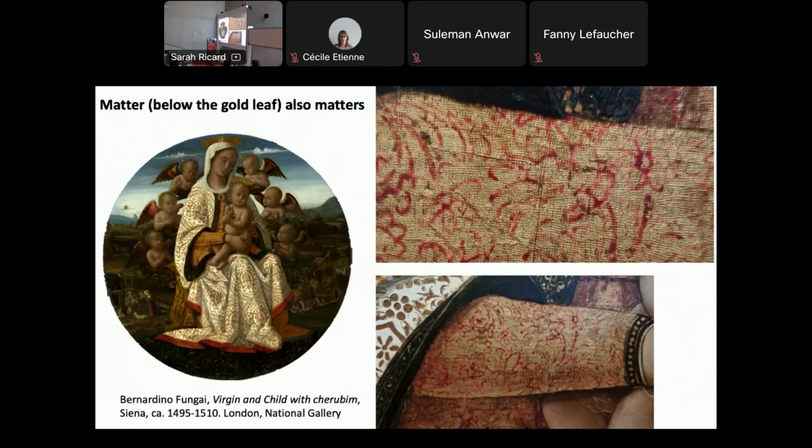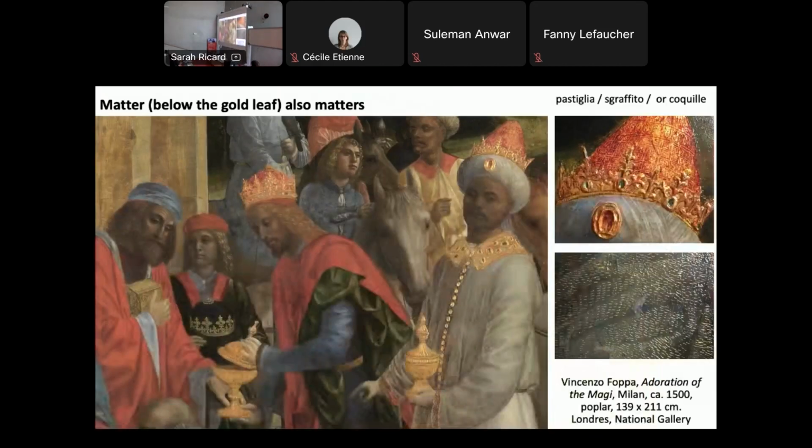I'm sorry, I don't have the English for that. Here is the bastiglia that I was referring to that allows to create much more important reliefs that are often also associated with glazes, for instance, to imitate the aspect of a stone incrusted in a crown or in old frames.